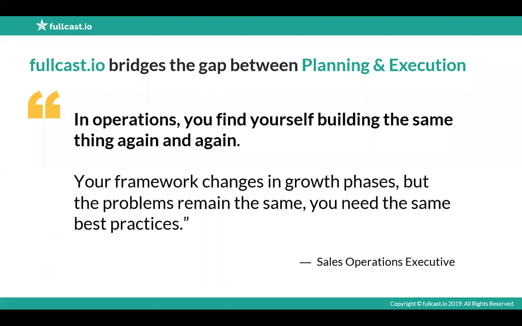The framework changes, but the task itself does not change, right? So as we grow, the framework changes, the tasks are not changing, and it's very hard to keep the Salesforce system aligned with the framework itself that's changing. And so the Fullcast platform allows the two systems to stay in sync without having to write a lot of code.